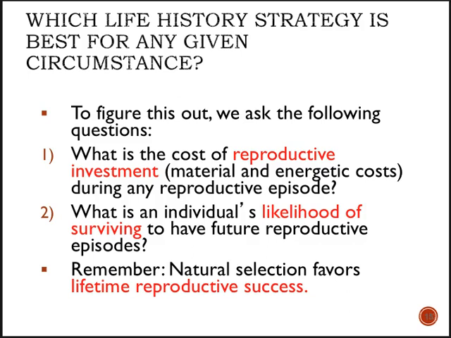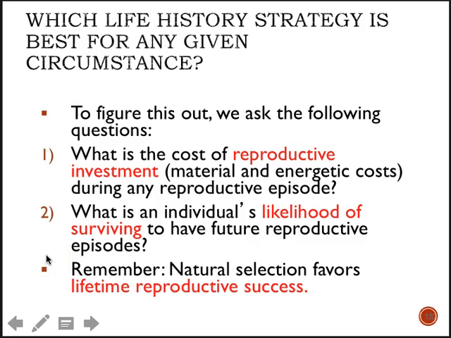If those costs of reproductive investment are high, then you're probably not going to have as many babies. If the cost of the reproductive investment is low, then you can have lots and lots of babies. Make sense? Good.